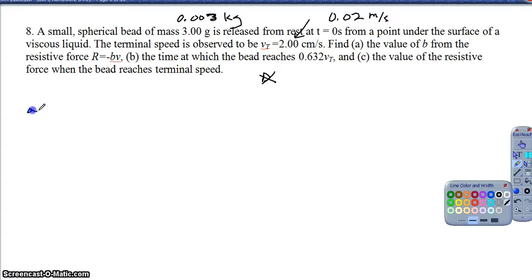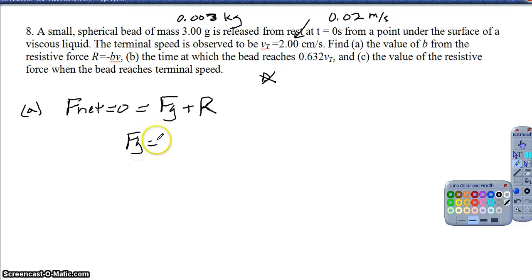But anyway, for part A, if I want to find B, well, I know that at the terminal velocity, the net force is equal to 0, right? And the net force is coming from the force of gravity and the resistive force. So those two forces have to be equal and opposite, right? So my force of gravity has to be equal and opposite to the resistive force.